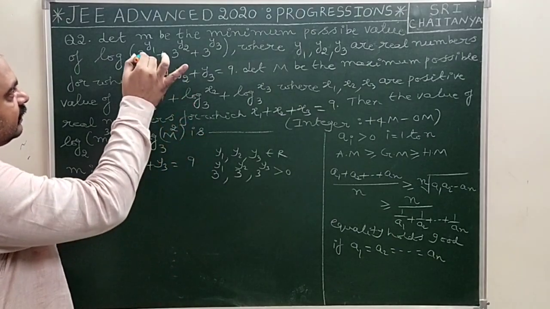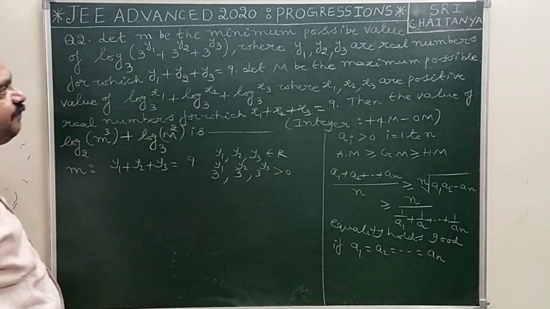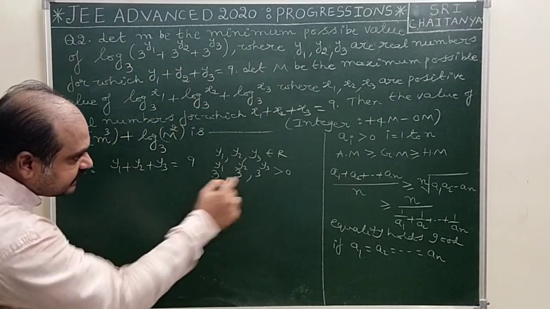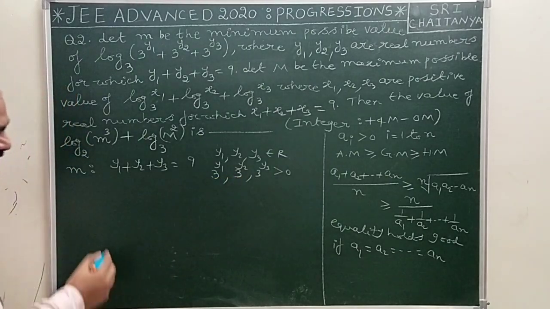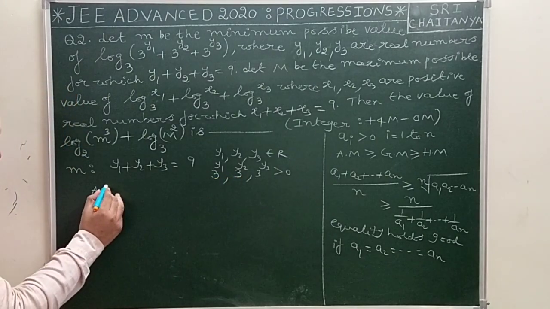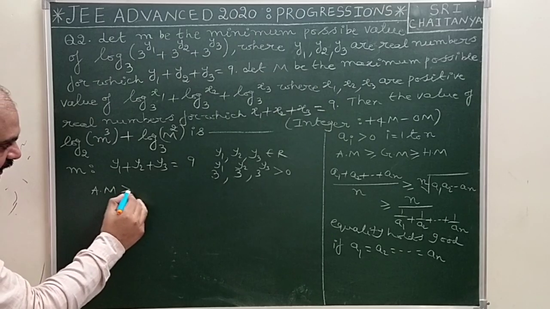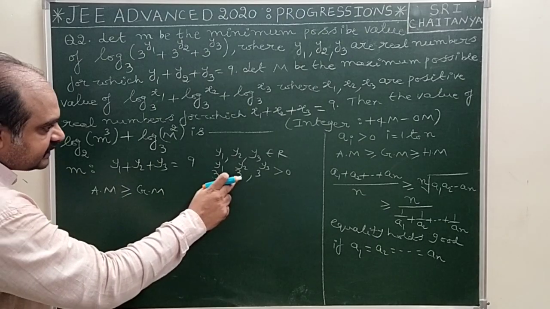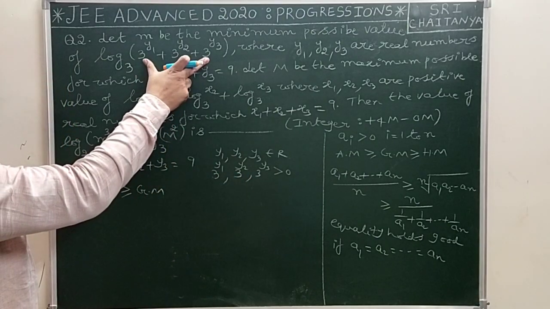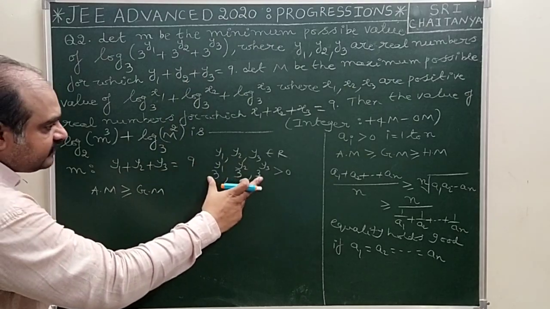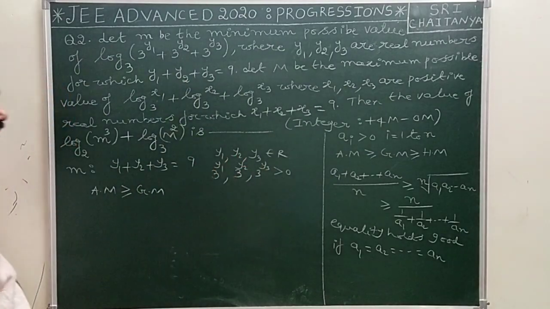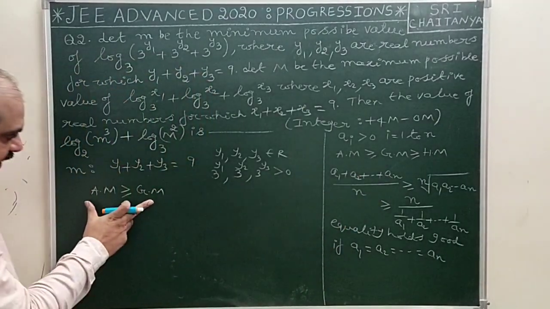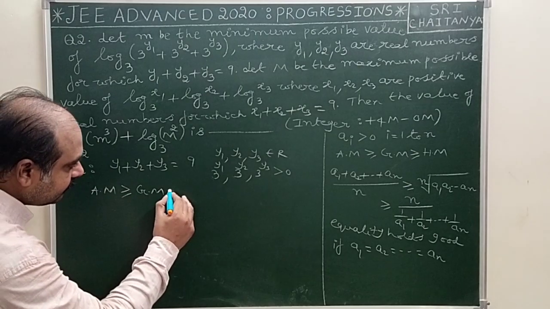Now, the problem is regarding the sum of these positive real numbers. For these three quantities, I am applying AM greater than or equal to GM, because clearly this plus this is there, which is regarding AM. And the product of these, 3 power y1 plus y2 plus y3, you will get, that is given as 9. That's why in this inequality I have preferred AM greater than or equal to GM.